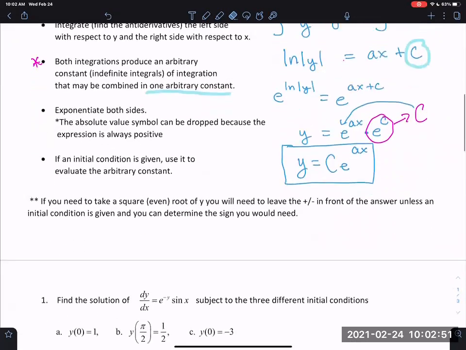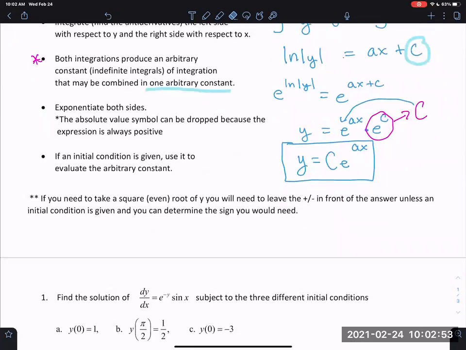Okay, so I have another small note at the bottom here. Two things. The last bullet, because this didn't apply to the particular problem I did: if an initial condition is given, you would use it to evaluate the arbitrary constant. So if they gave us an initial condition on this of, it goes through (0, 1), right? What is the C value?